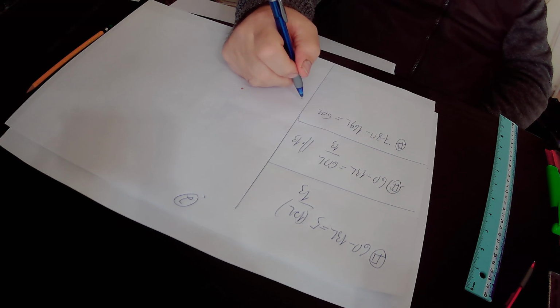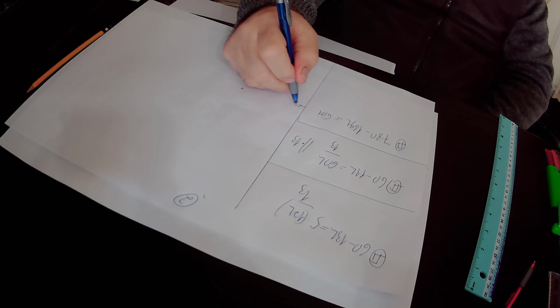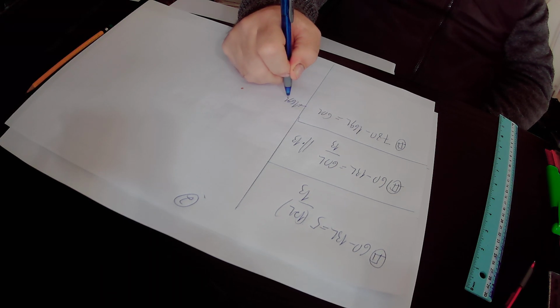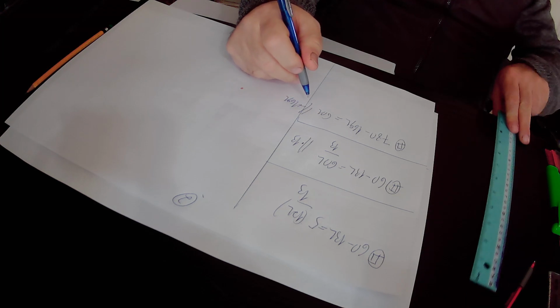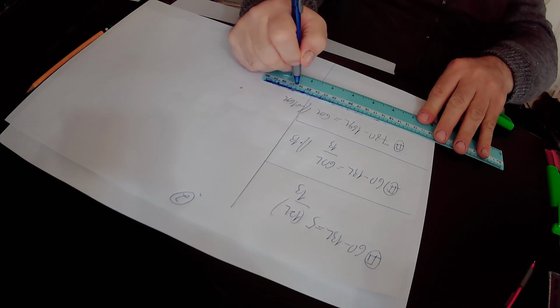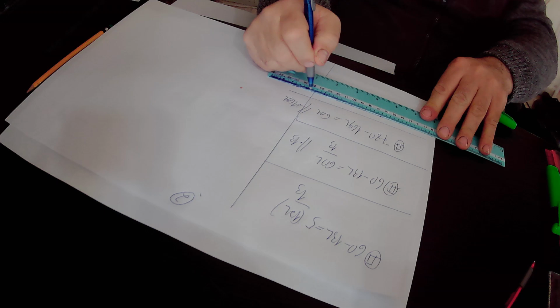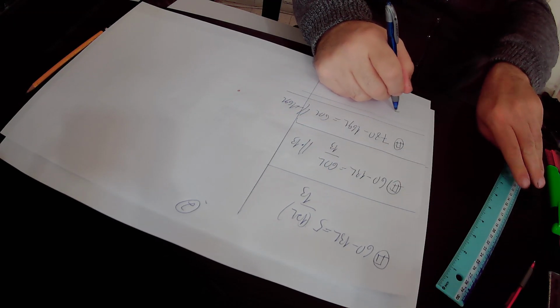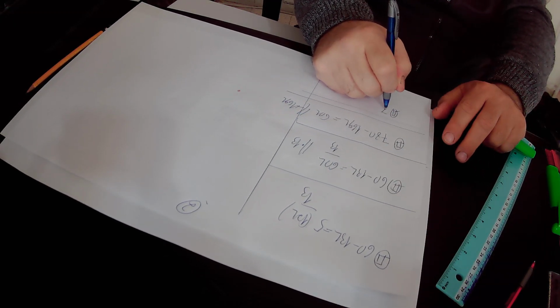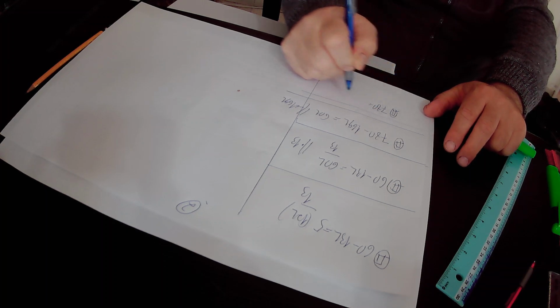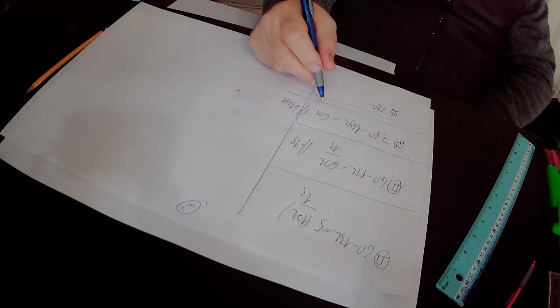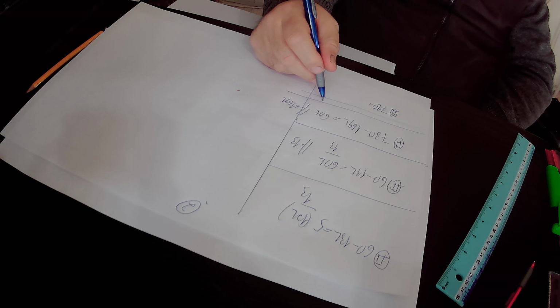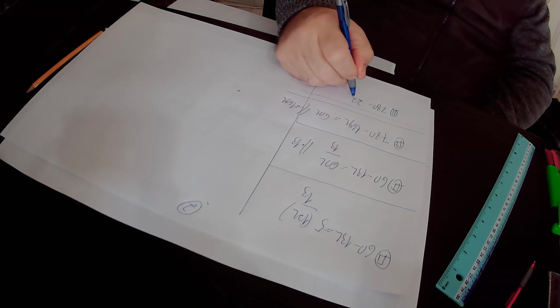So here we add 169L to equation 2, and we get that 780 equals 60L plus 169L, which equals 229L.